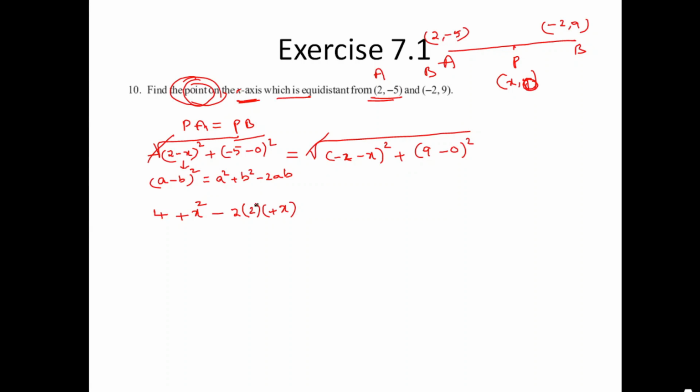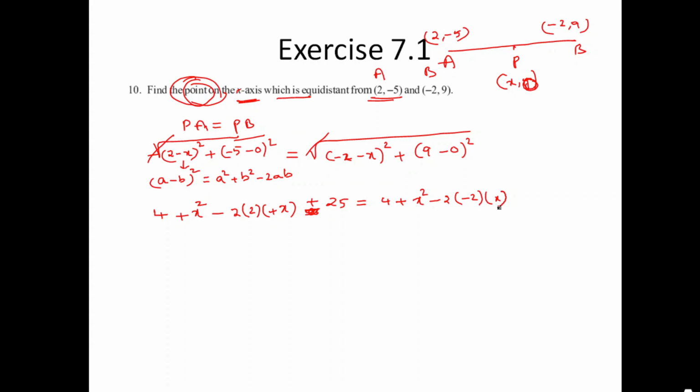Hold on a second. Okay, so equivalent to, you are having plus 25 equivalent to the other side. If I look at the other side, a square is how much? 4 plus b square is your x square minus 2 times a is how much?